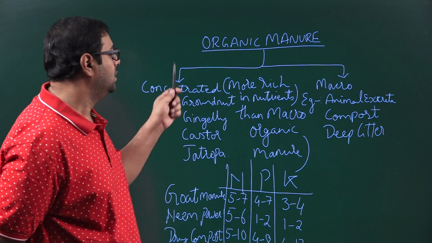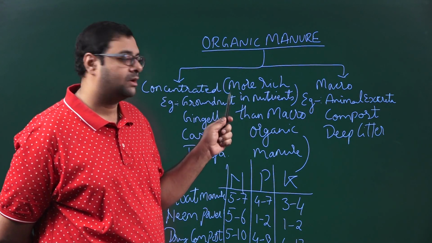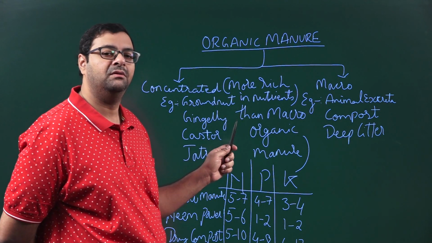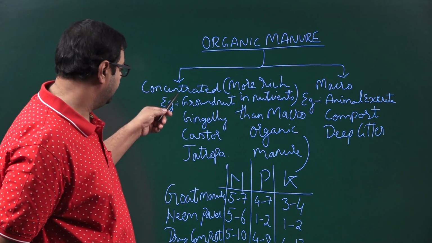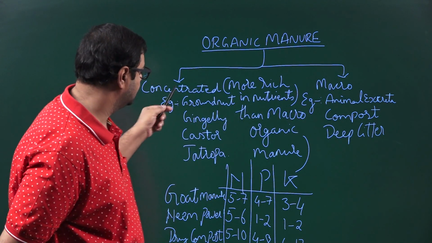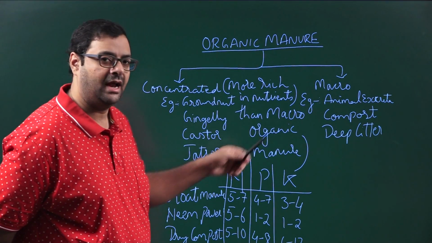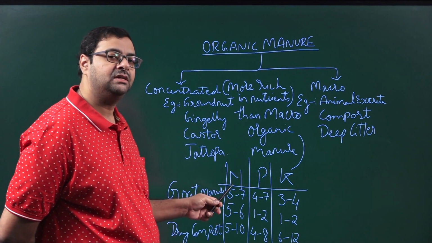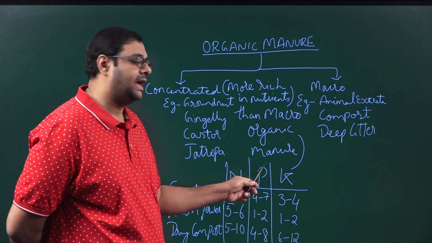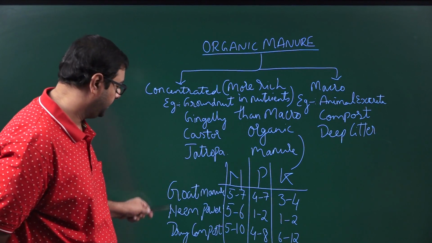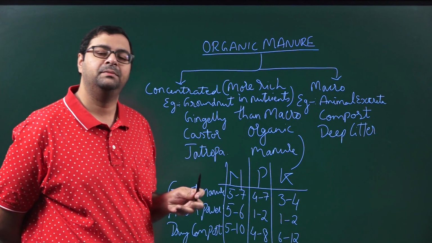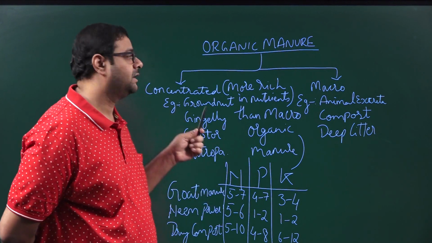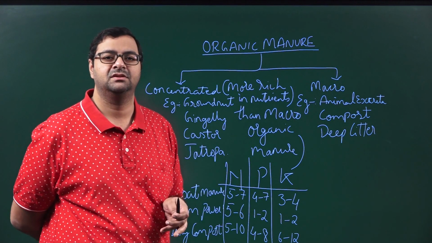Concentrated has more nutrients than macro organic manure. We have seen examples of both, and also the percentage of NPK in the three. I hope you have understood this part of organic manure. I'll see you in the next session. Thank you so much.